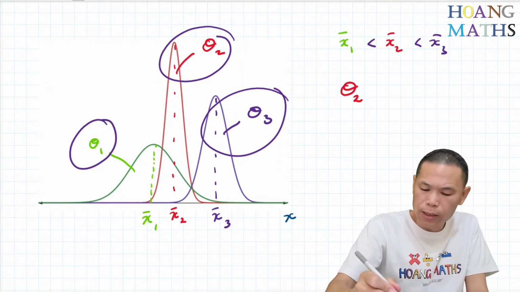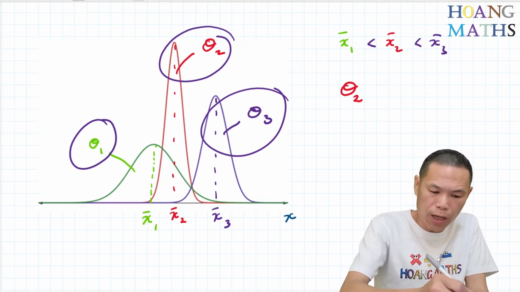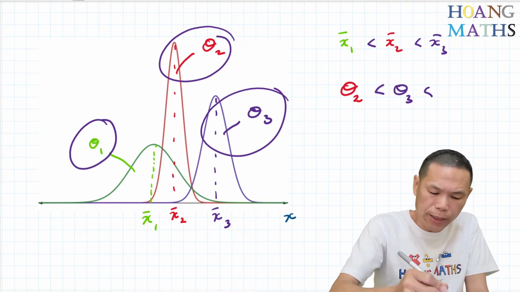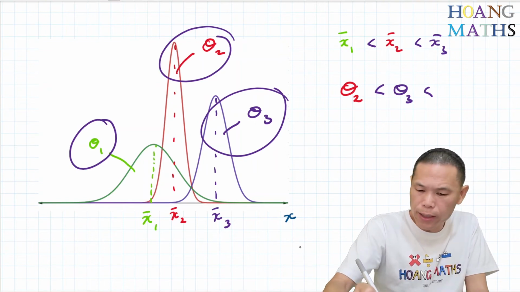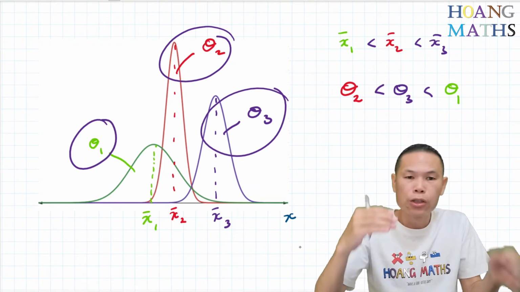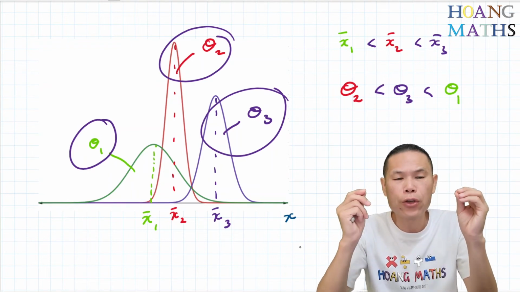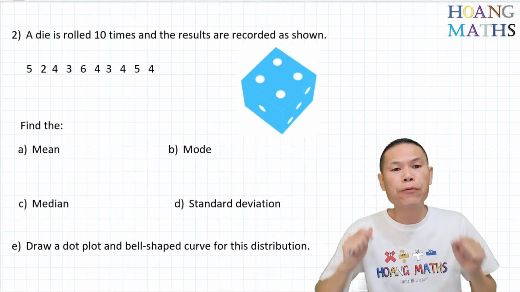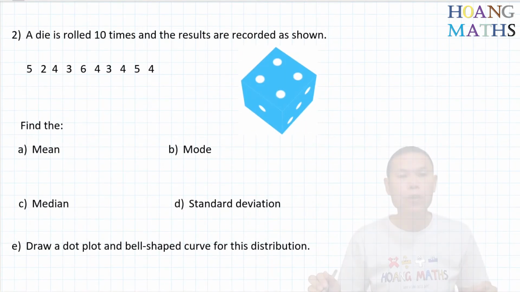And then the next is the purple bell curve, the second largest standard deviation. And the largest standard deviation is standard deviation 1. So please keep that in mind. Just for your information. That's all it is. Please pause the video and try this one yourself.